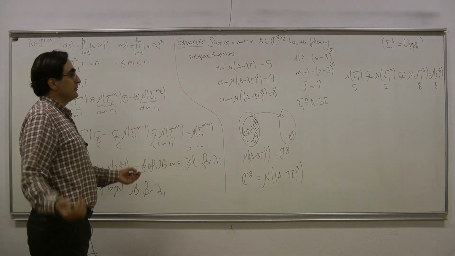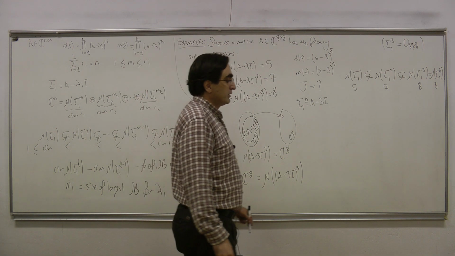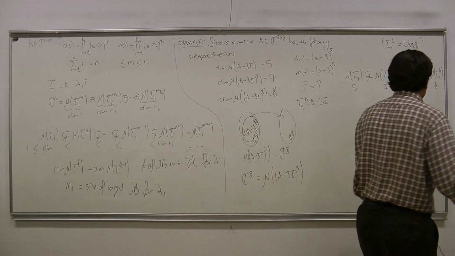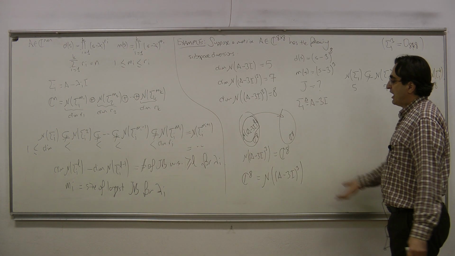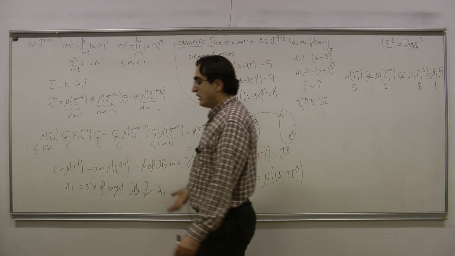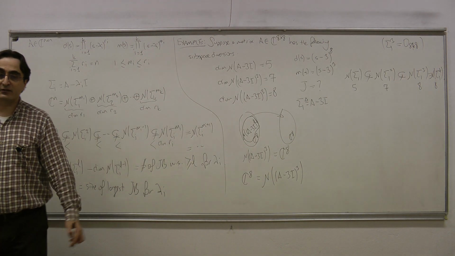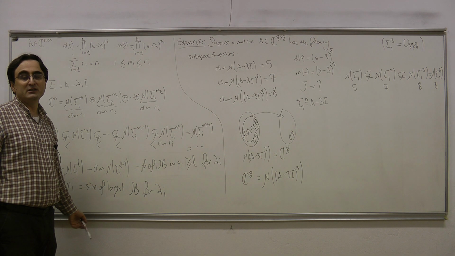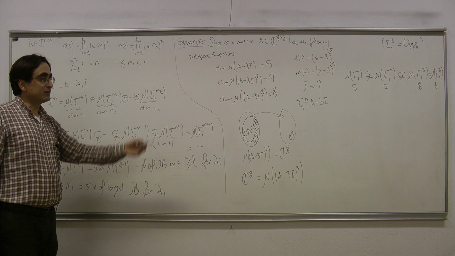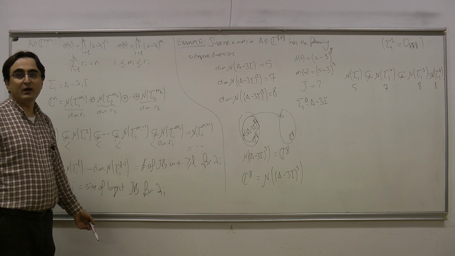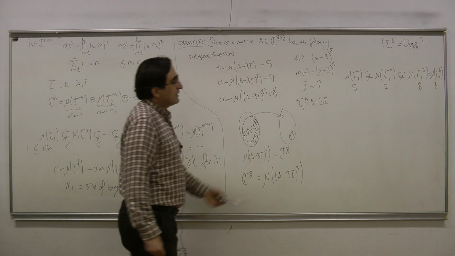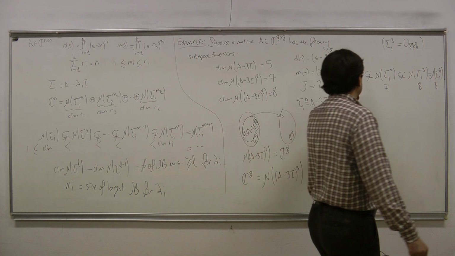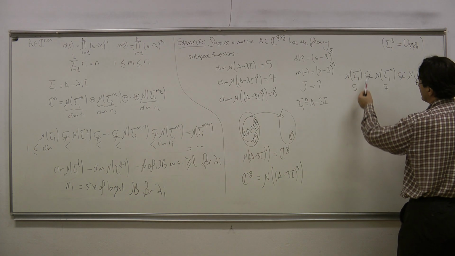So now we have to find the Jordan canonical form. Before that, I can ask you the following question. How many linearly independent eigenvectors can this matrix have? What is the maximum number of linearly independent eigenvectors that this matrix can have? In that case, you need to look at the dimension of the null space of sigma 1.